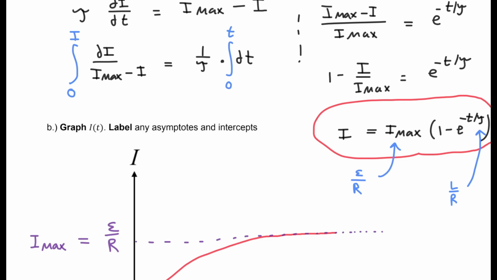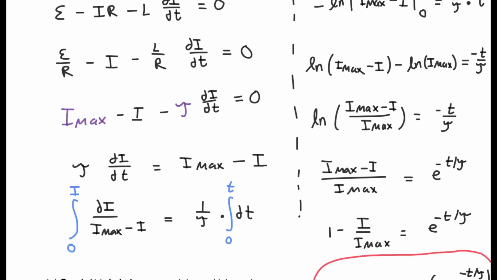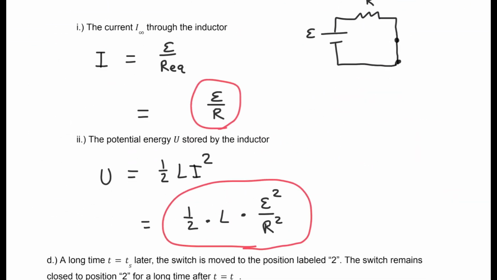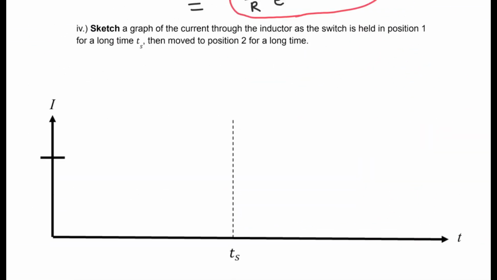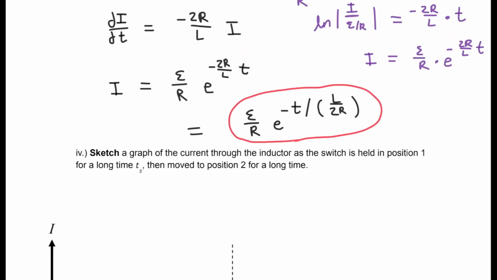There's some problems I don't want to do, but I have to do them anyway, just because I don't know the answer. But again, we know what the answer to these RL circuits will be before we even do the problem. It's either going to be that e to the minus t over tau or the 1 minus e to the minus t over tau. All right, now we'll graph this.